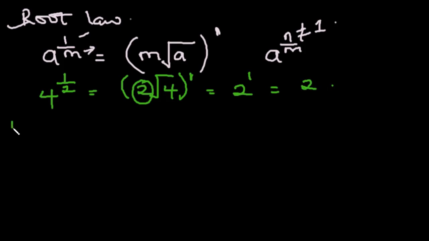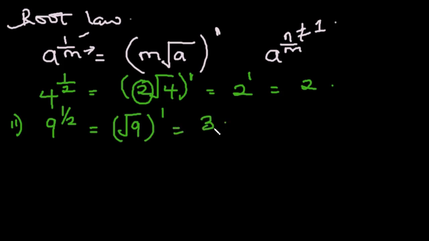So if I have 9 to the power of 1 over 2, I just write this straight. It's the square root of 9 raised to power 1. Square root of 9 is 3. It may not be square root, it may be the cube root. If I have 27 raised to power 1 over 3, let me rewrite this, it's too big. Raised to power 1 over 3 is the cube root.